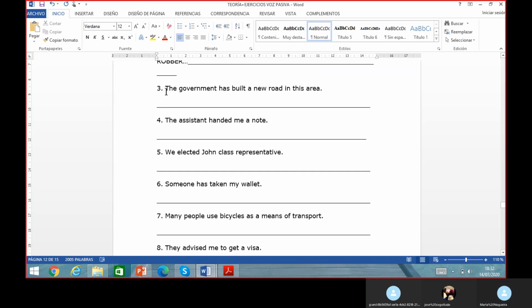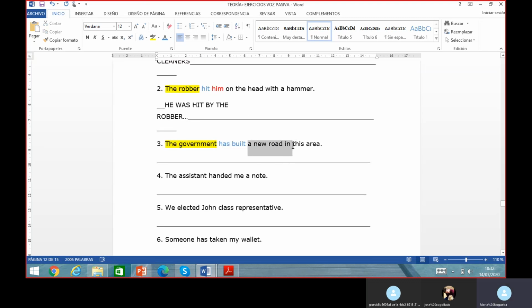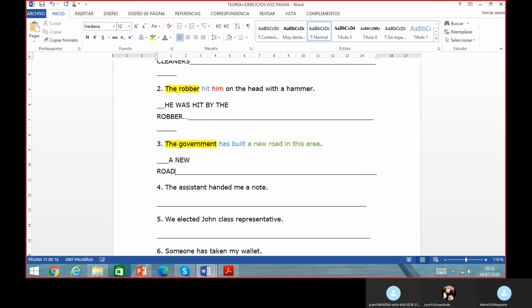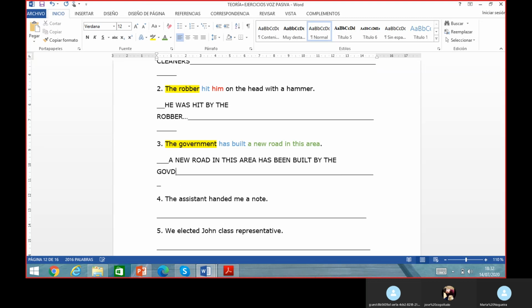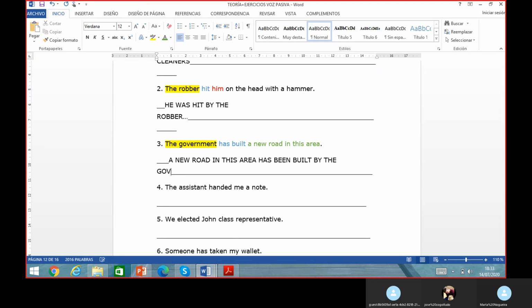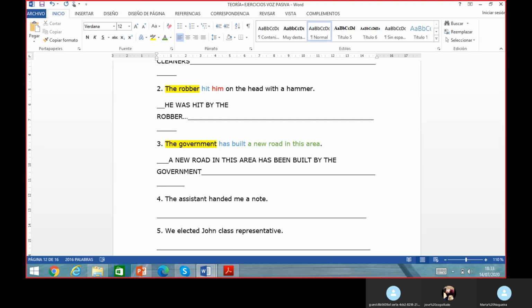Three, the government has built, this is our verb, a new road in this area. This is our main object, which is going to be the subject. A new road in this area has been built by the government.